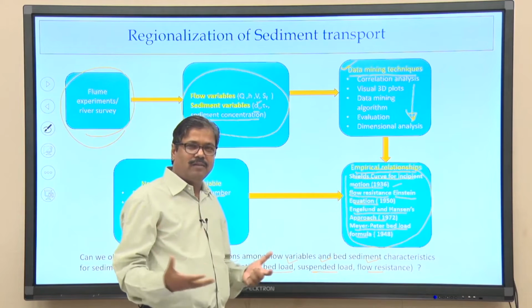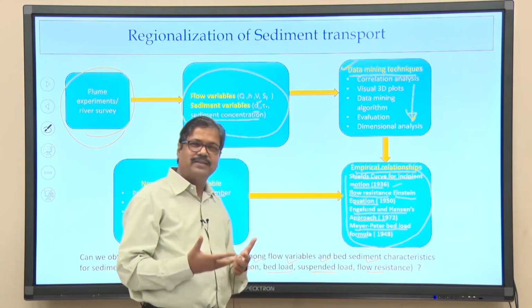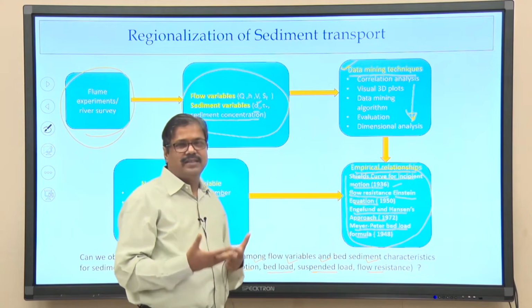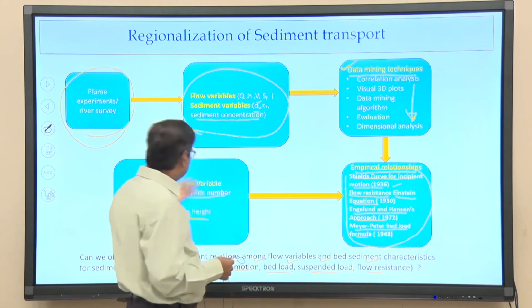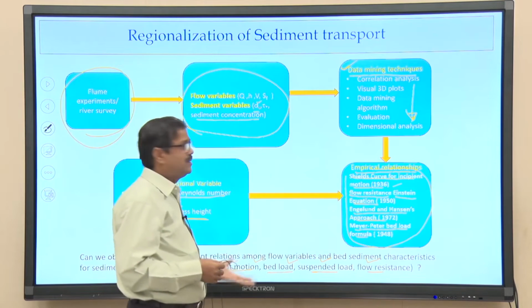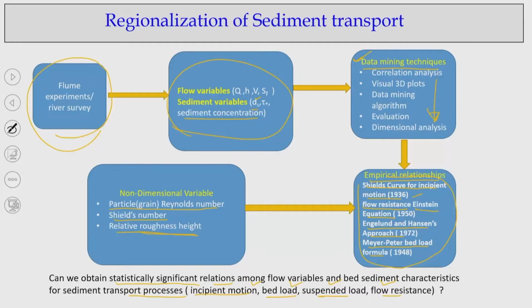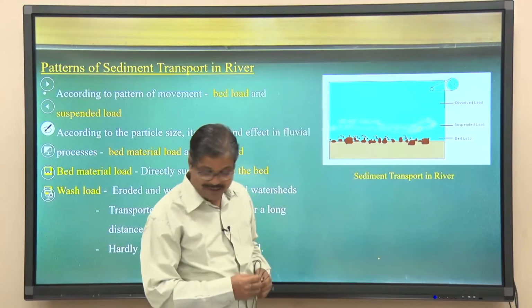Sediment transport is a complex and stochastic process, but many scientists try to solve these problems using a set of non-dimensional analysis and data analysis, and establish the empirical relationship. Looking at that, let us come back to the figure, which shows it clearly.